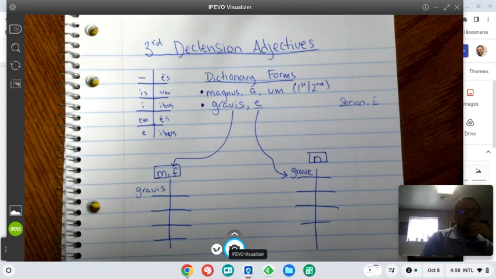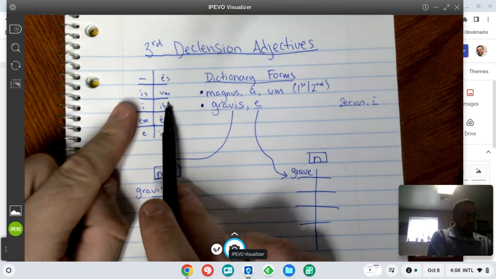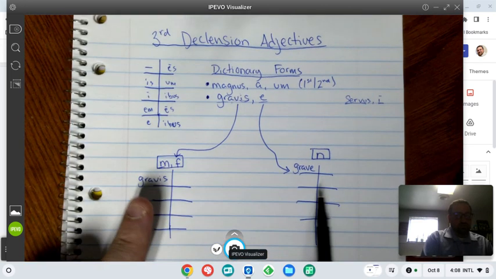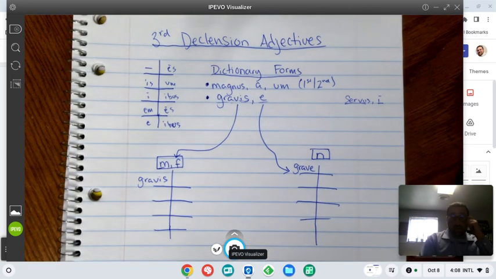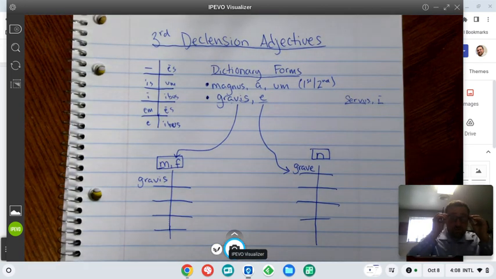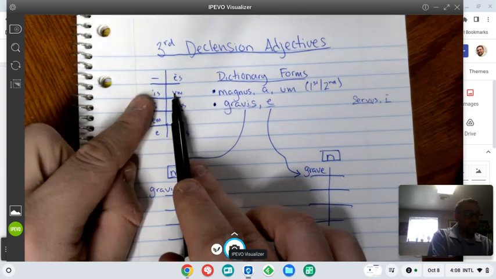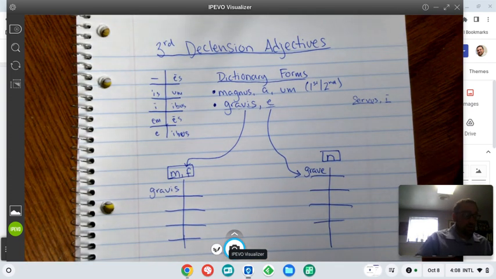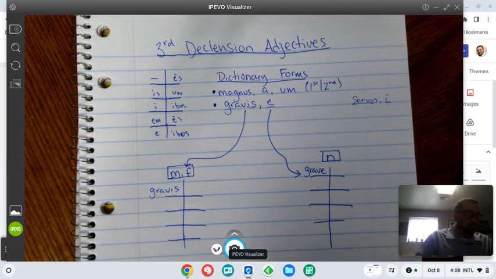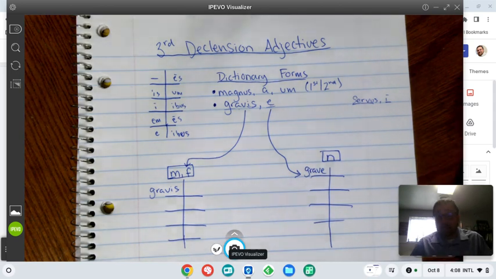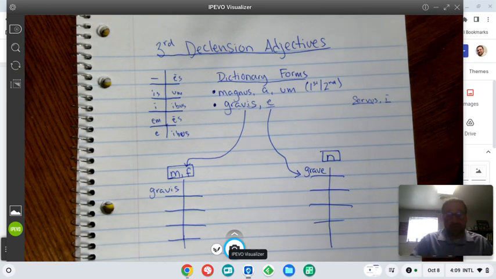I also said that this is going to be the start for helping us fill in our endings, but it's not just going to be as simple as, okay, now go and fill them in. Remember i-stems from the third declension? We could tell if a word was going to be an i-stem if it had the same number of syllables in the nominative and the genitive form.